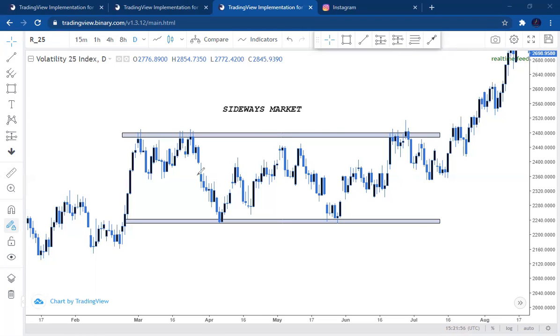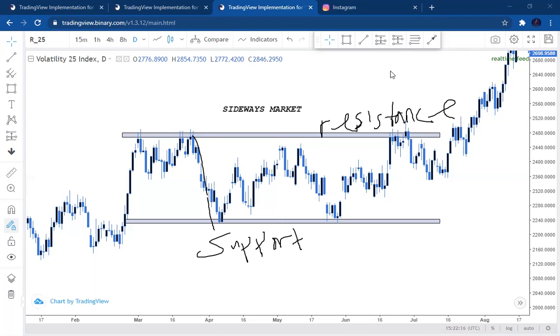Are you getting it? So support acts as a floor. This is support. Don't get yourself confused. Don't mind my writing, and this is resistance. I hope you guys understand what I'm trying to do right here. This is resistance and this is support. Support acts as a floor.